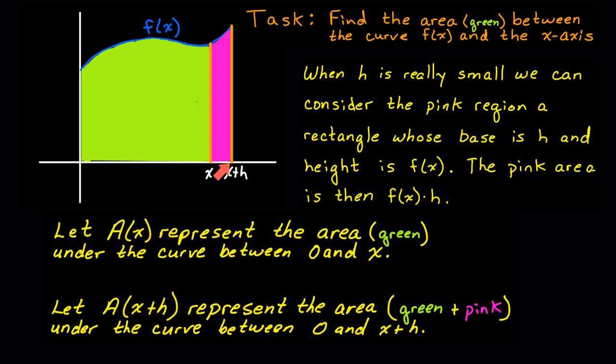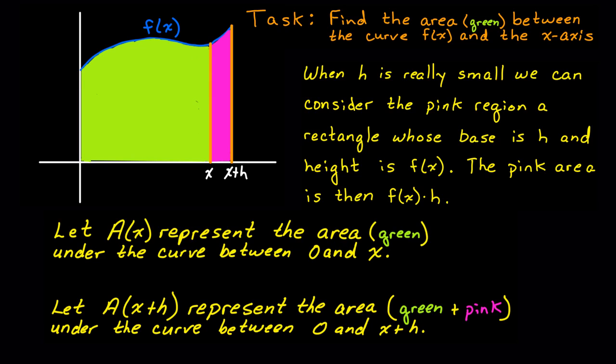But our goal here is we want to look at this h value becoming very small. And so when h becomes very small, this would move back in towards the x.